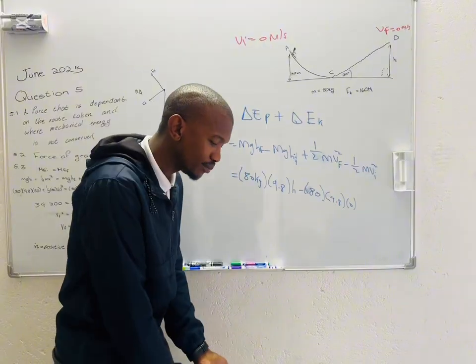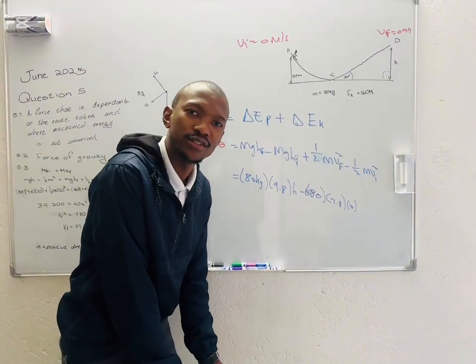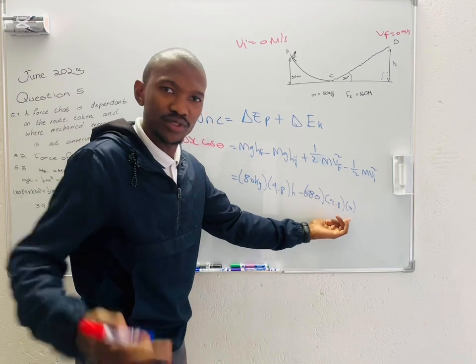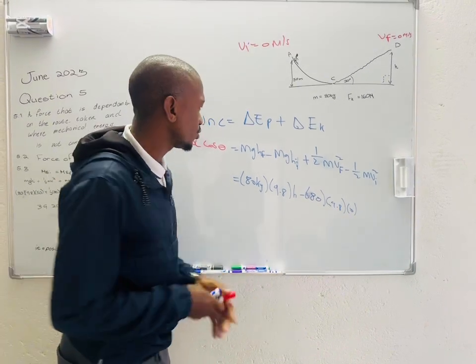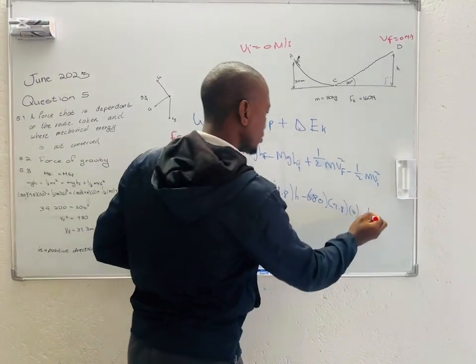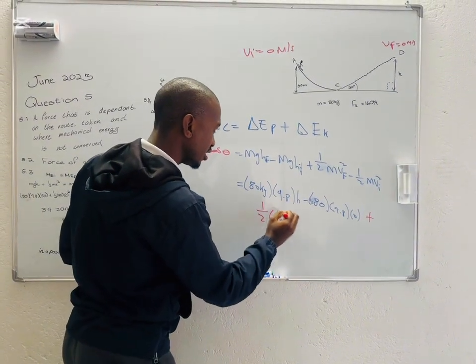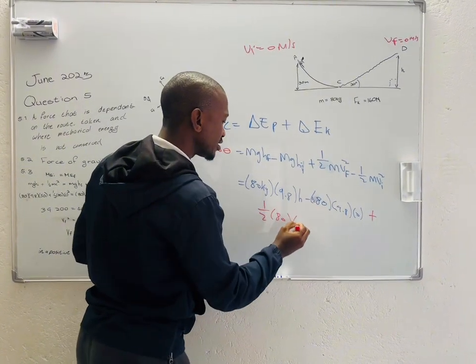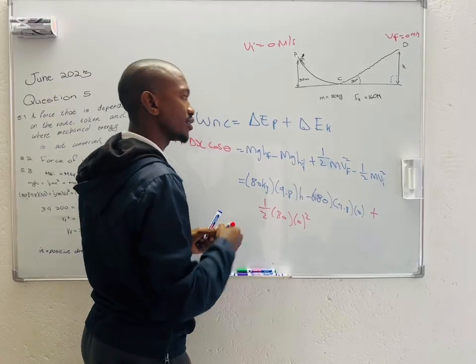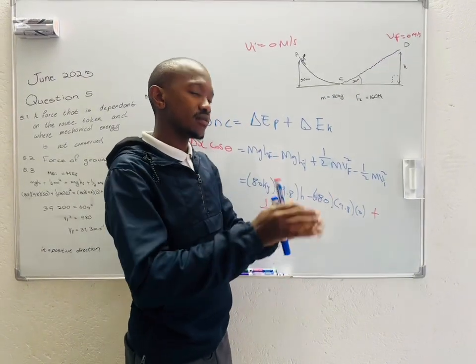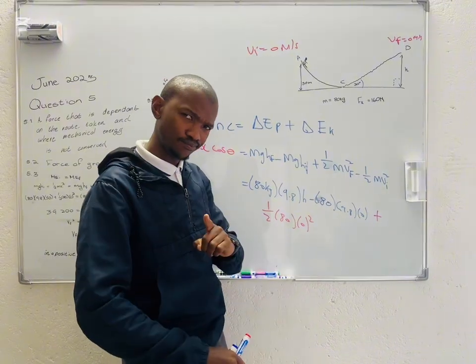I'm still at the ground, my people. You can't be telling me there is a height there. That's why you have to put 0. Then from there, I'm going to say plus half, the mass 80, the speed, which is finally 0 meters per second, all squared. Remember they said when he got to point D, he was at rest.